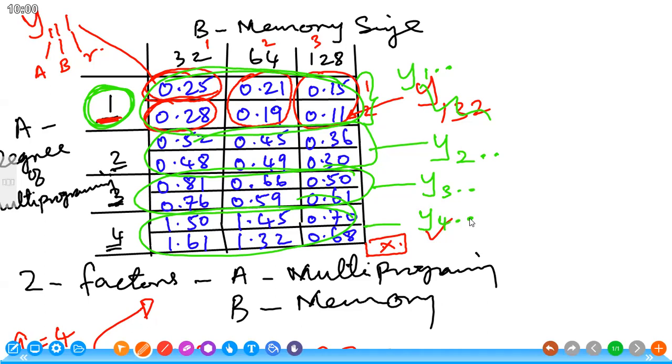Yes. Now look at this carefully. We are squaring this. Before squaring, how many observations are we adding in each case? 6 observations.